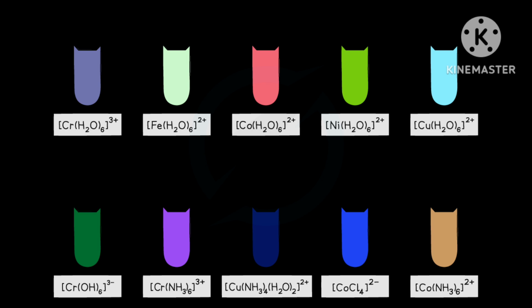Orange crystals of potassium dichromate crystallize out. Now you got potassium dichromate plus 2NaCl. Its color is orange.